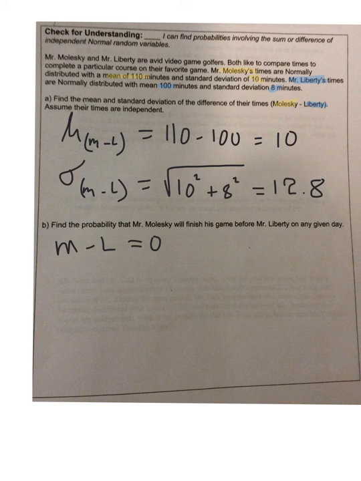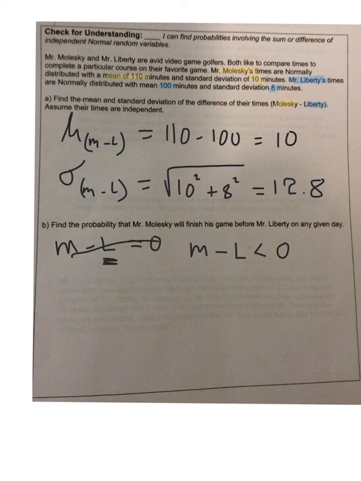But if Liberty finishes after Molsky, he's going to have a higher time. So if Molsky finishes the game before Mr. Liberty, if we subtract them, it's going to be a number that's less than 0. So we want to know the probability that the difference is less than 0.